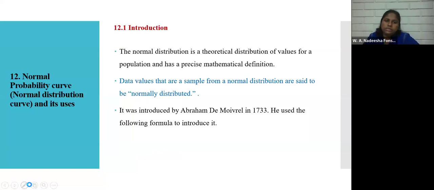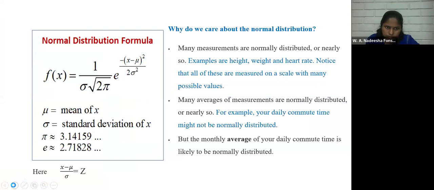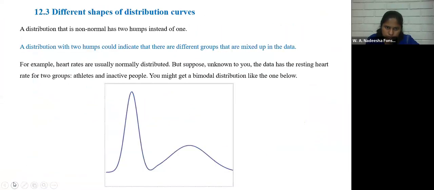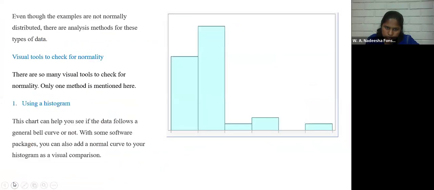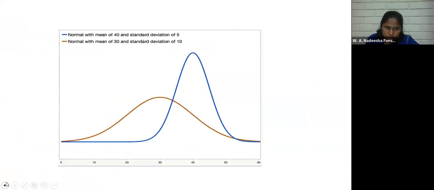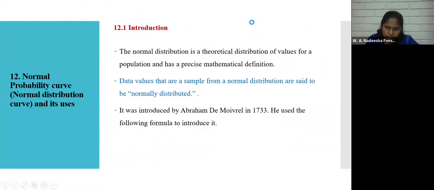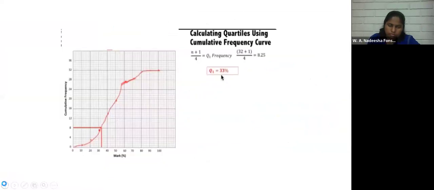We can come to this slide later. This is how to obtain data from the cumulative frequency curve.